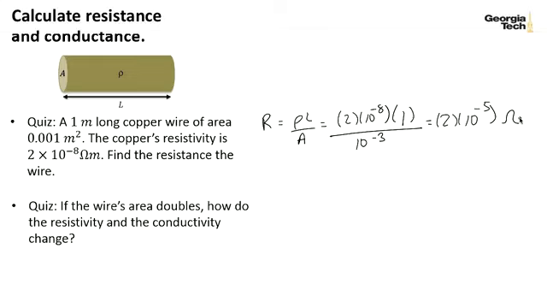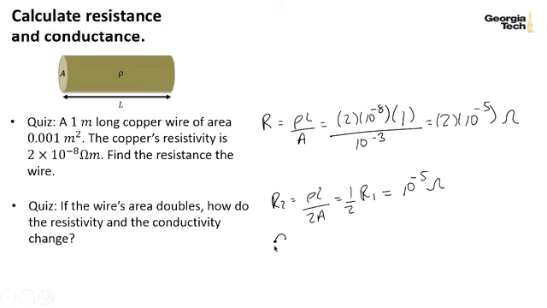Now the second question asks, if the wire's area doubles, how do the resistance and the conductance change? So if we call R2 as ρ L over 2A, then that's the same as 1/2 the resistance of R1, or 10 to the minus 5 ohms. So by doubling the cross-sectional area, we cut the resistance in half.